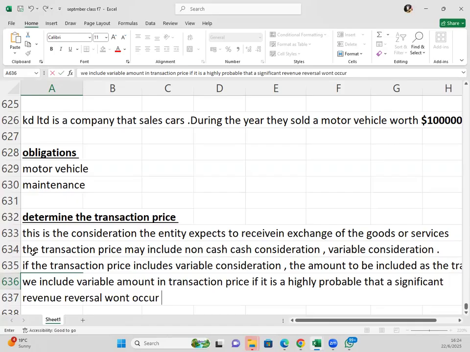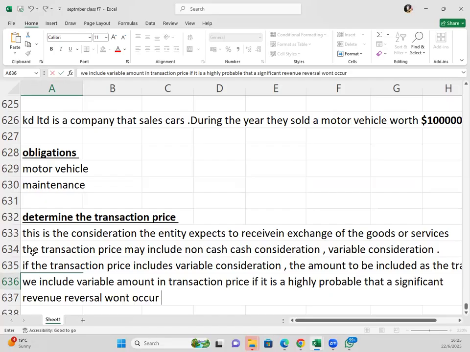So if we have included the revenue maybe as 20,000, but the other 5,000 is a variable amount, we should only include the 5,000 provided that there are high chances that it is going to be received, or that it is going to be part of our revenue.